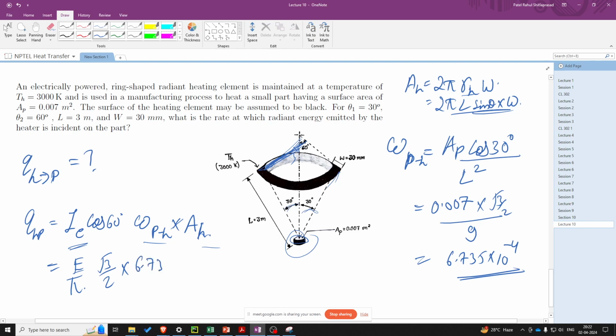We saw it as 6.375 × 10⁻⁴. AH will be 2 into pi into 3, width is 30 mm, that is 0.03.